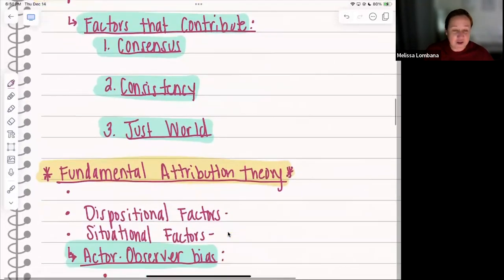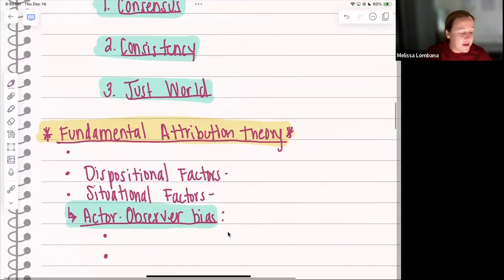All right. And so under attribution, there's this big theory, definitely need to know, super important for this unit, which is called the fundamental attribution theory. Sometimes you'll see it as the fundamental attribution error, and I'm going to add that in there, because it's really the error that we make.